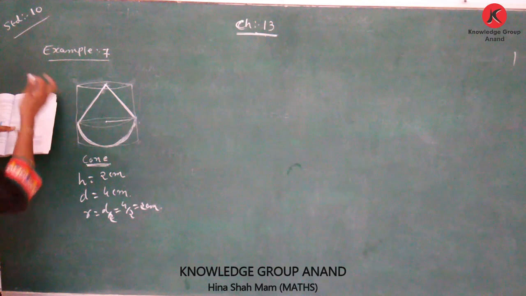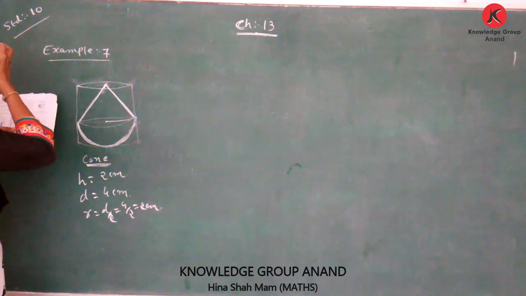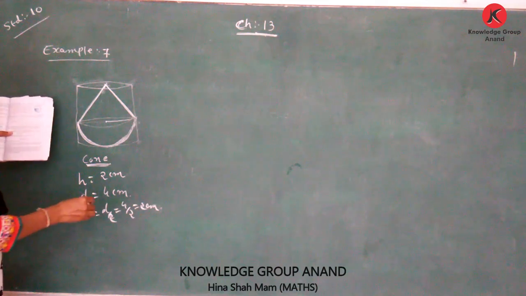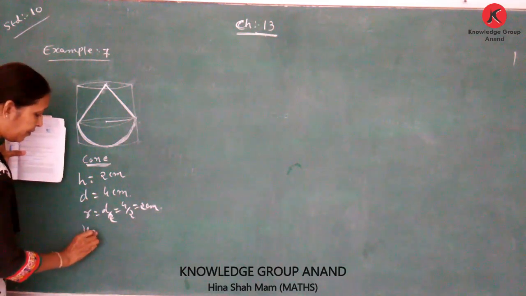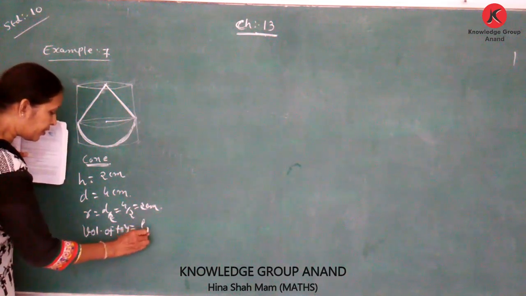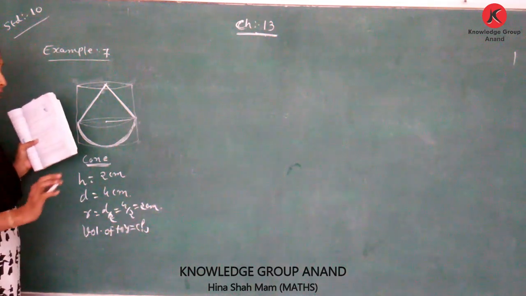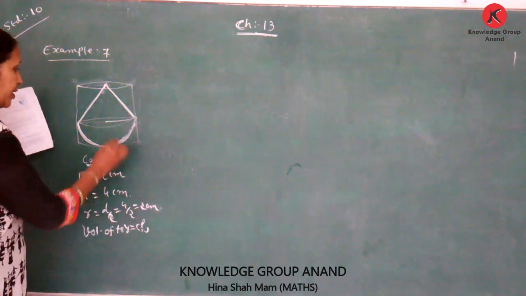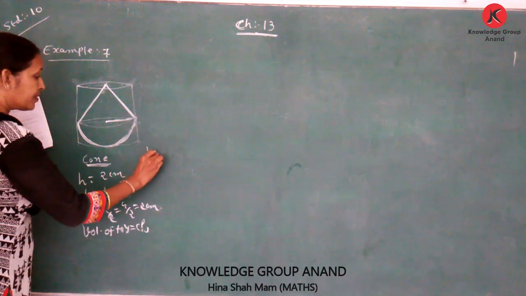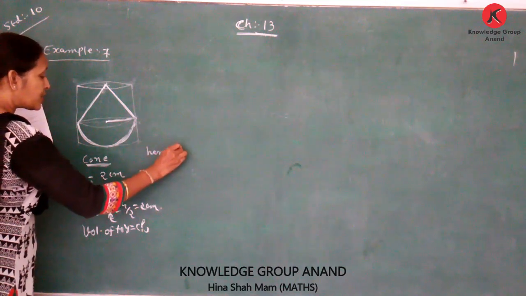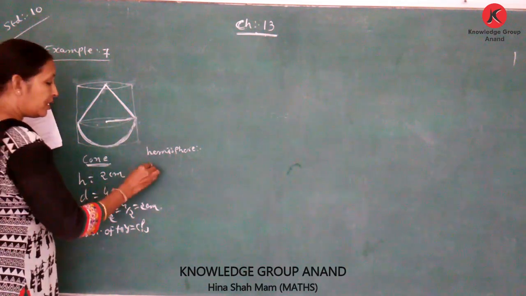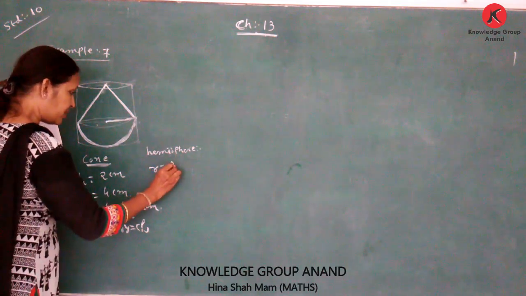The diameter of the base is 4 cm. Determine the volume of the toy. The radius of the hemisphere is equal to the base radius of the cone, 2 cm.